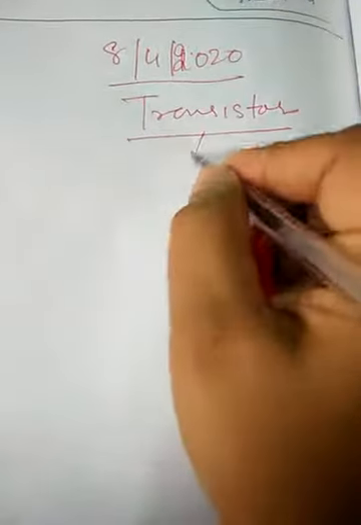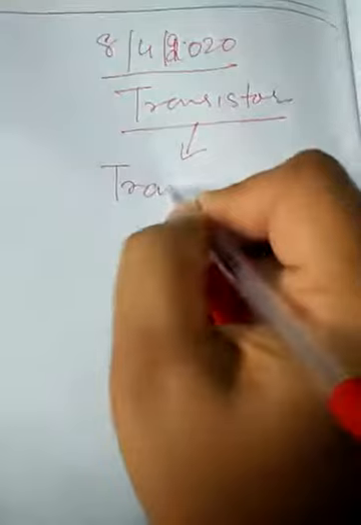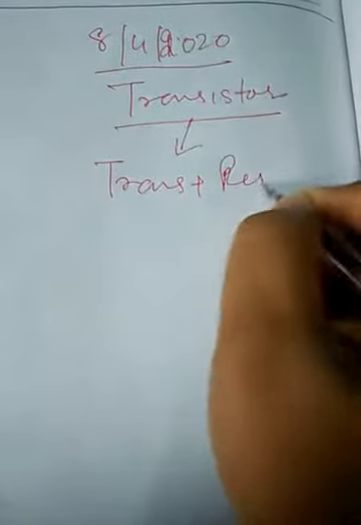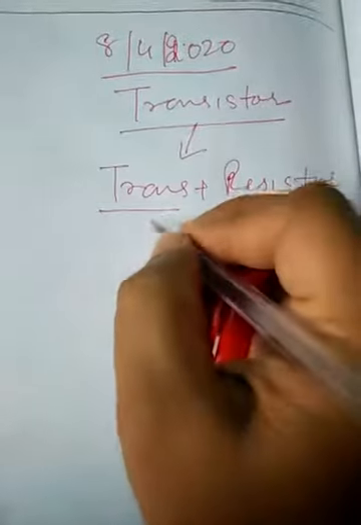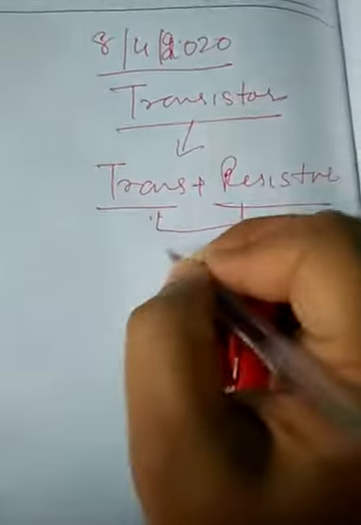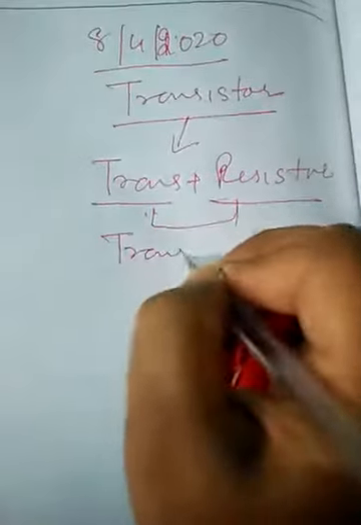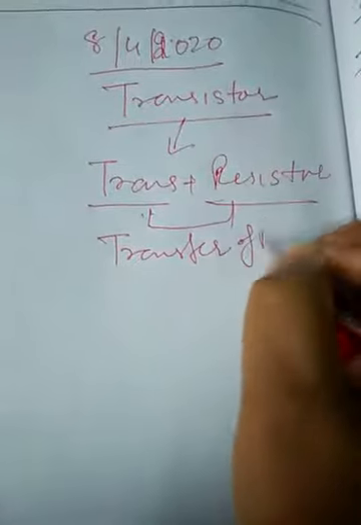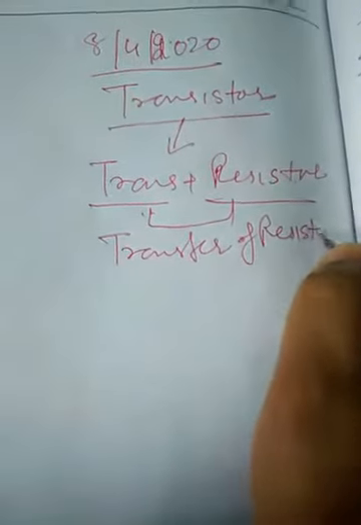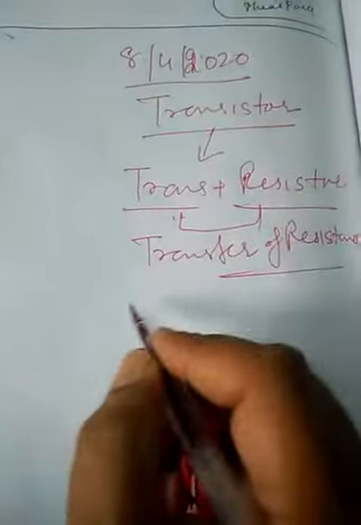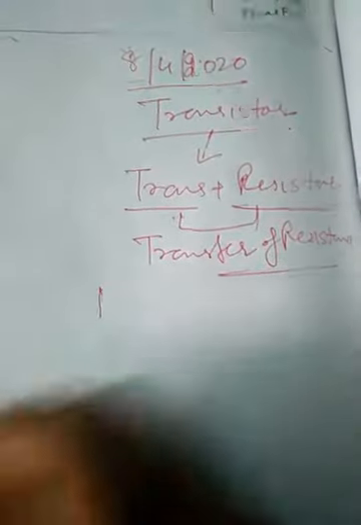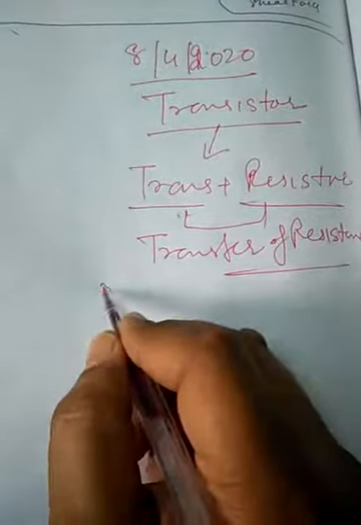Transistor is basically made up of two parts, trans plus resistor. It is not a radio, it is a transistor, meaning a device where the transfer of resistance takes place. It is a special kind of device made up of P and N type semiconductors, but the configuration is different.